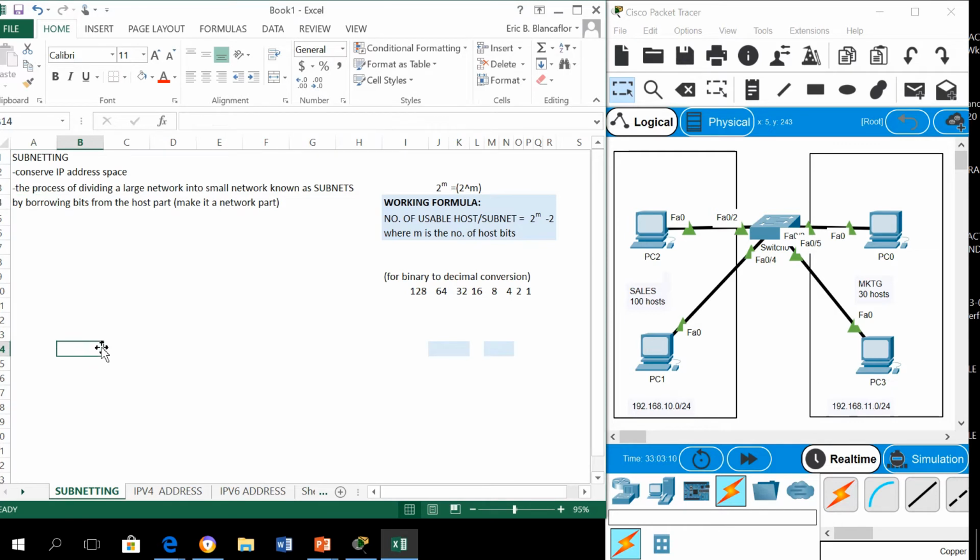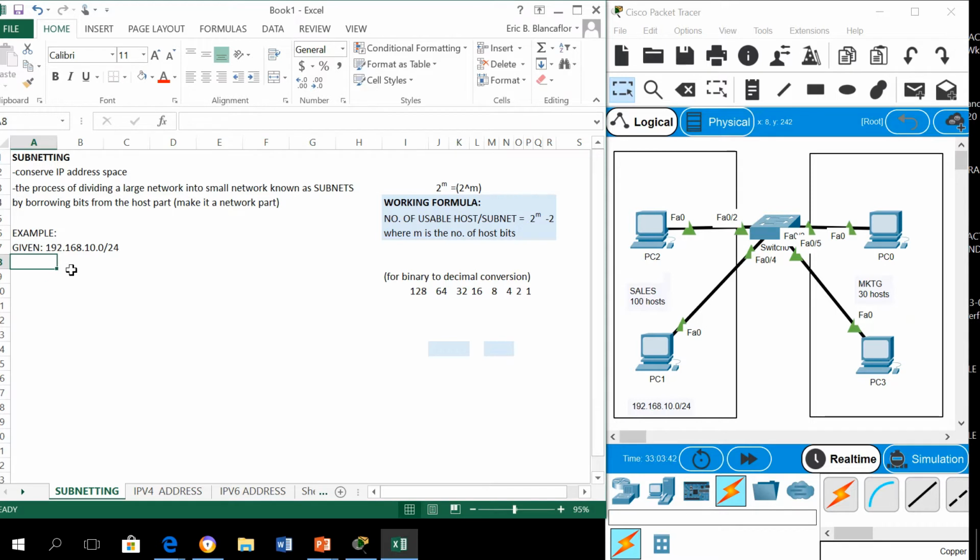So for us to better understand this subnetting, we need to cite an example. In my given topology, let's say my network address is 192.168.10.0/24.